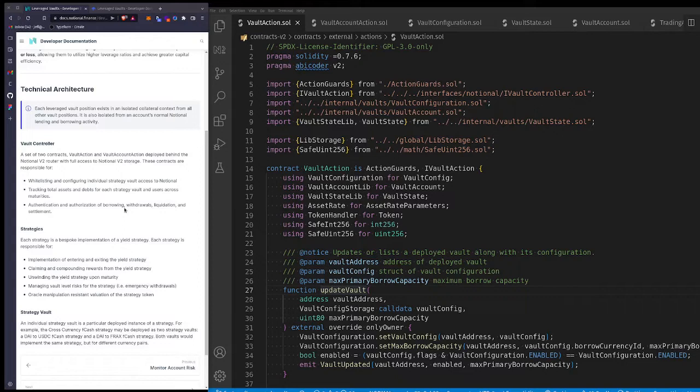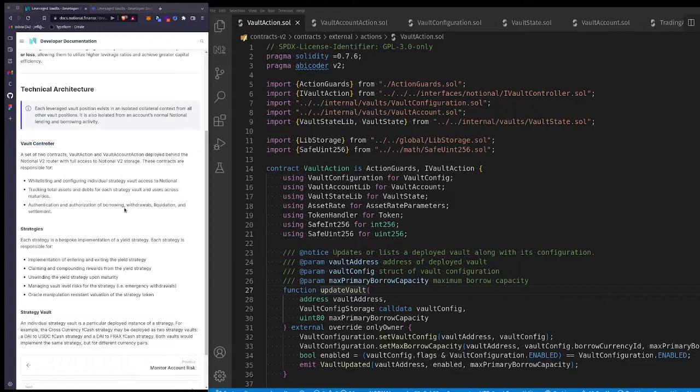And importantly, each yield strategy needs to consider how it'll be settled upon maturity. So with fixed rate debt, unlike variable rate debt, fixed rate debt matures at a particular point in time. So as vault positions reach maturity, they need to be either rolled forward to a longer dated maturity, or they need to be unwound such that the debt can be repaid.